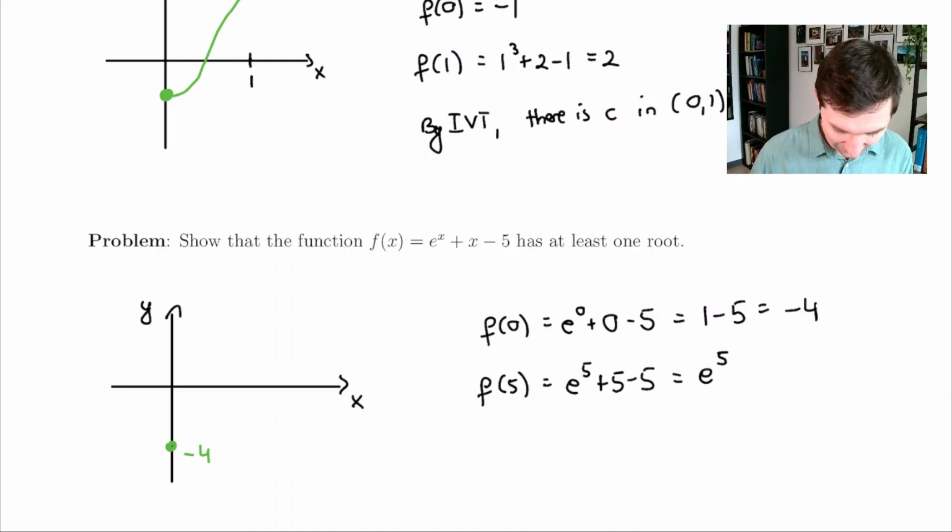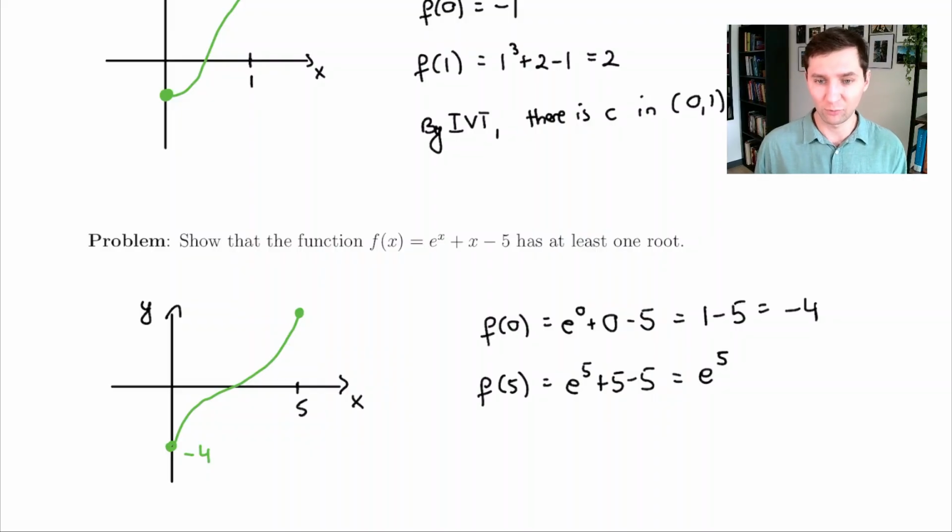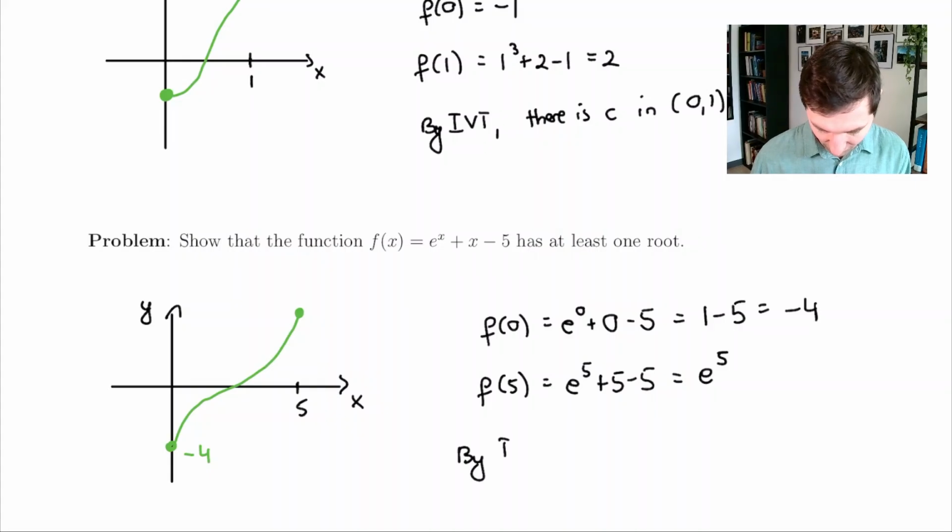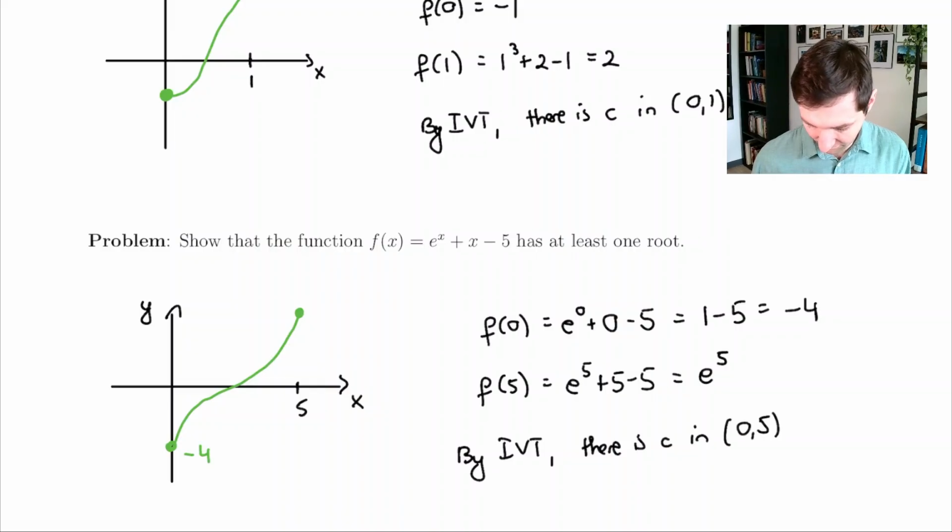So I know that at x equal to 5, the value of the function is positive. Because this function is continuous, I know that it will have to cross the x-axis somewhere between 0 and 5. So by the intermediate value theorem, there is a c in the interval from 0 to 5 such that f of c equals 0.